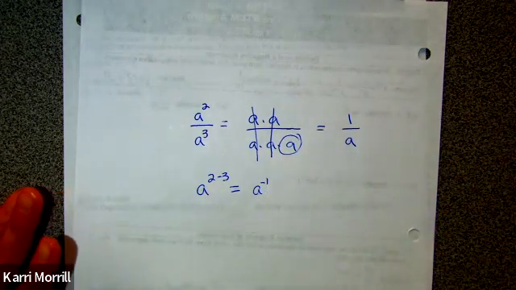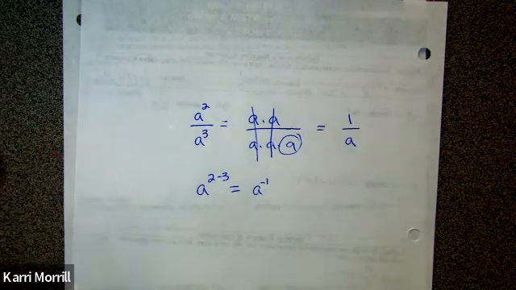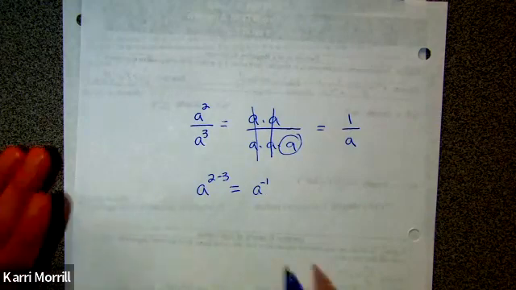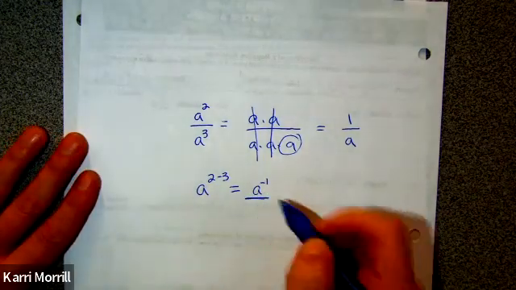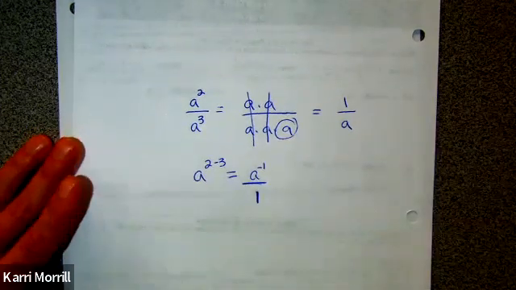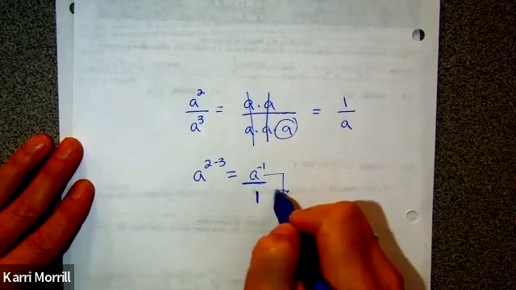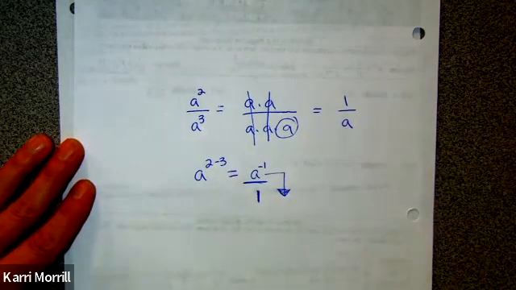Well, negative exponents are not proper, I guess would be the way to say that. And so we fix negative exponents by always thinking of everything as having a numerator and then a denominator, even if you don't see it. And so to fix a negative exponent, what we could do is just kick it down to the bottom and it makes it positive.